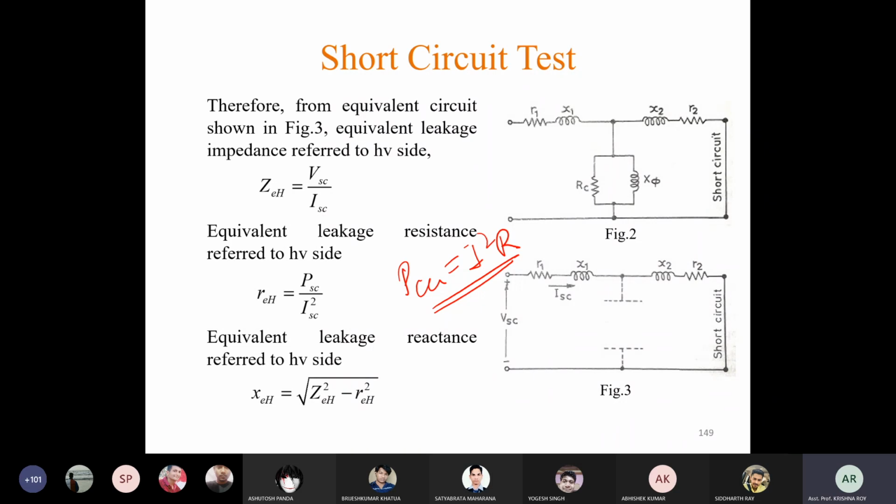Now see, though we are drawing this equivalent circuit like this, with two separate winding resistances and two separate leakage reactances shown, we have got only the equivalent resistance and equivalent reactance. If we want to separate them for the low voltage winding and high voltage winding, how to separate them?